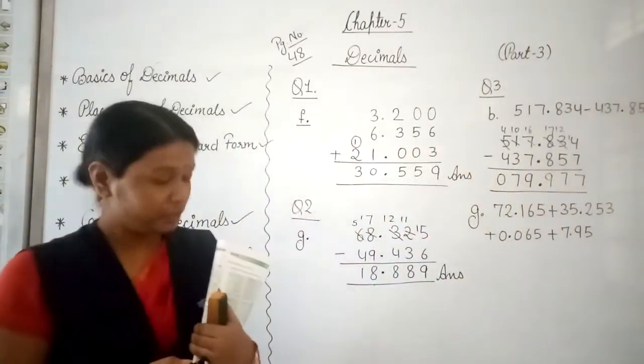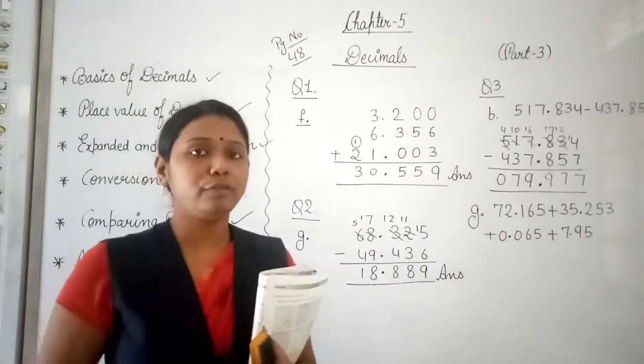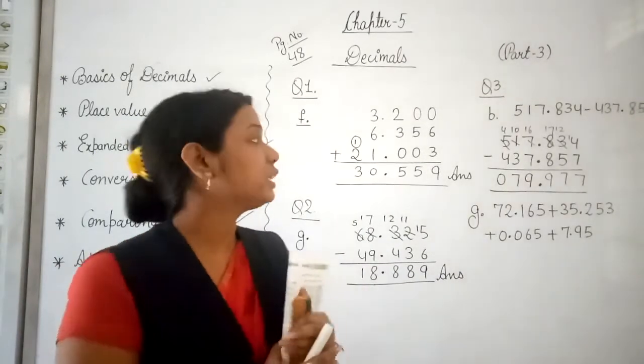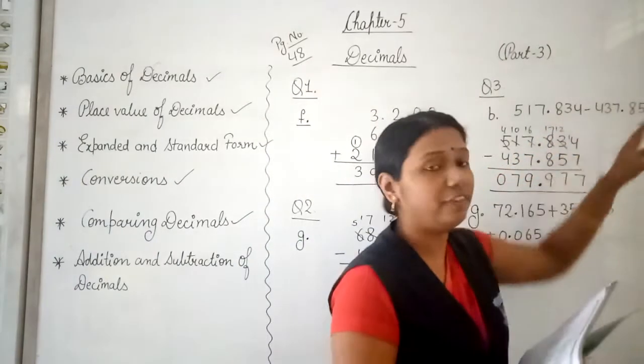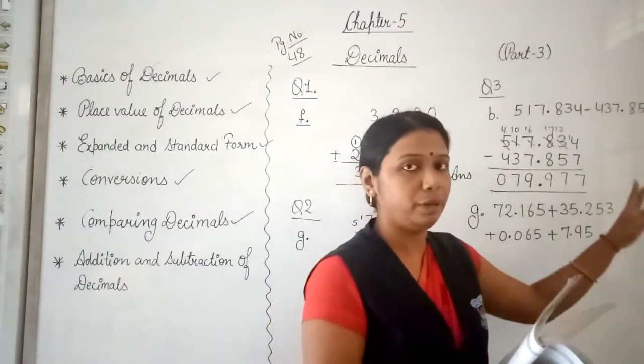Okay, as I have shown you the B part of it, you must have observed that both the numbers are having 3 digits after the decimal point.